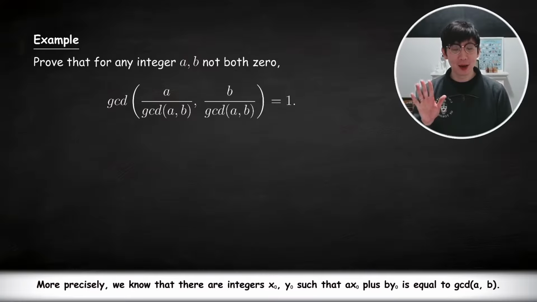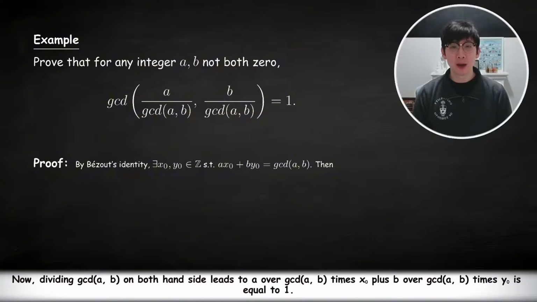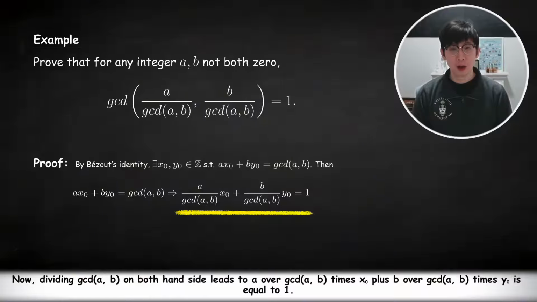More precisely, we know that there are integers x naught, y naught, such that a x naught plus b y naught is equal to gcd(a,b). Now, dividing gcd(a,b) on both sides leads to a over gcd(a,b) times x naught plus b over gcd(a,b) times y naught is equal to 1.